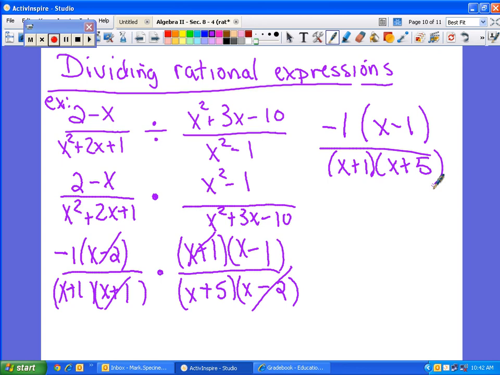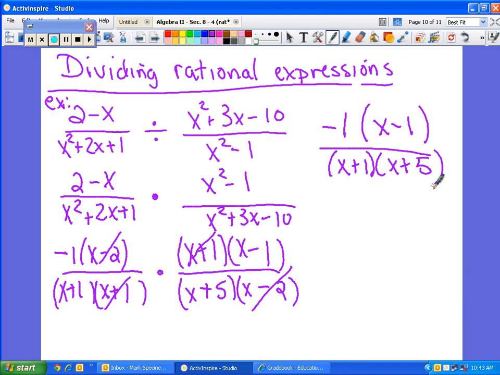Now, when can we have a 0? Or where can we have a 0? In the denominator. So for this, we not only have to look at the original denominators, but you also have to look at the flipped denominator, because we're multiplying.